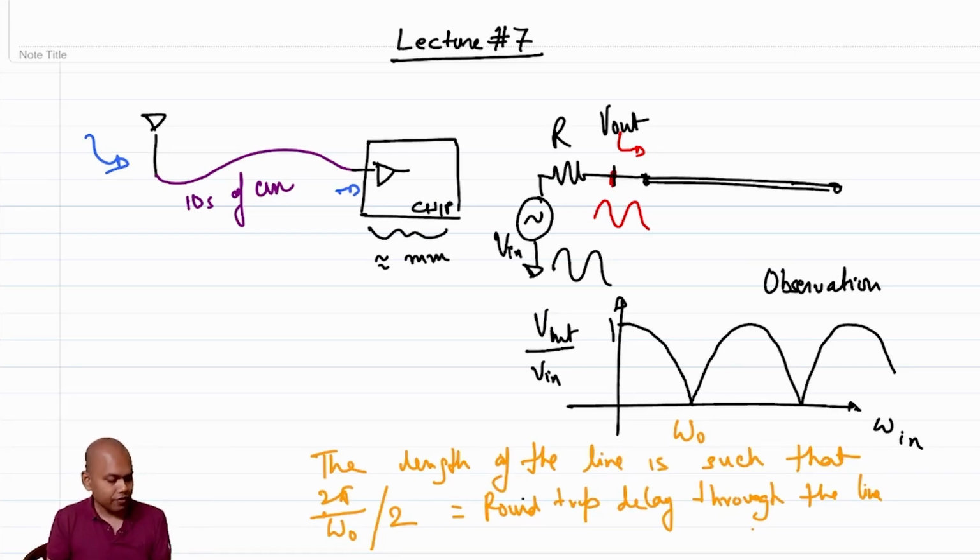But since in an RF system, the chip has to interface with the external world, which typically is an antenna and a long cable, we'll have to be aware of the potential pitfalls that can happen if we do not take care of this length factor.